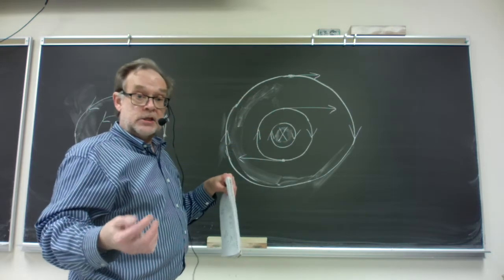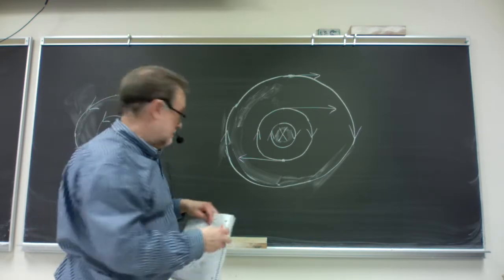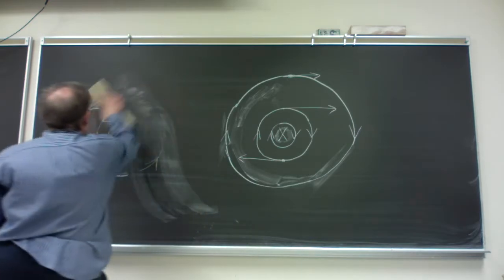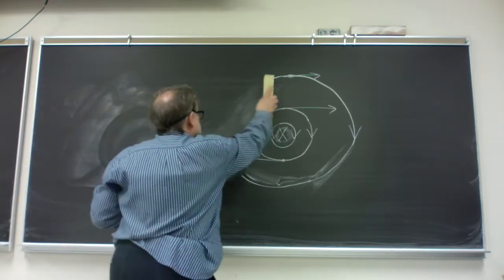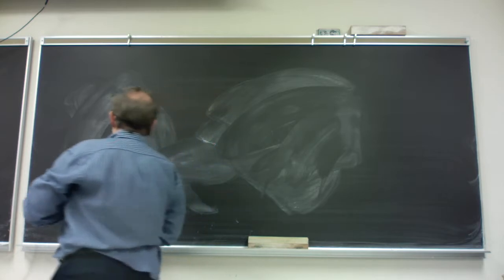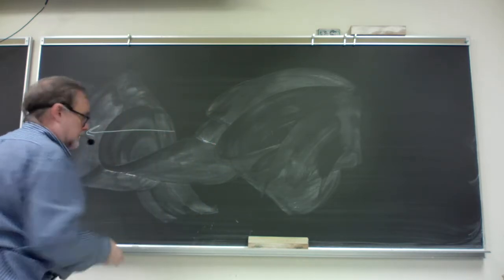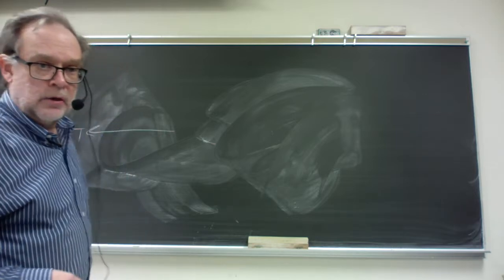So let's see what it looks like if I can see that whole plane. So when I see that whole plane, like I said, I see the current moving right to left.